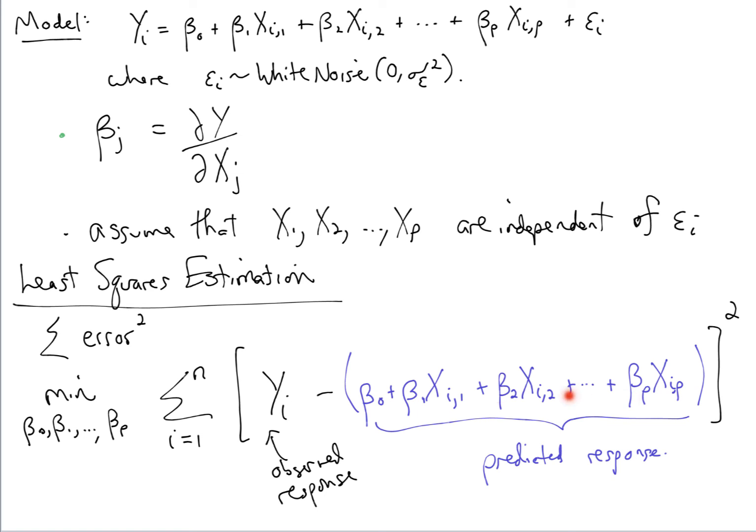You can think of this as the vertical distance between that ith observed response and the corresponding point on the hyperplane that lies above the value for the predictors. So it's just a higher dimensional idea of what we did for the univariate case.